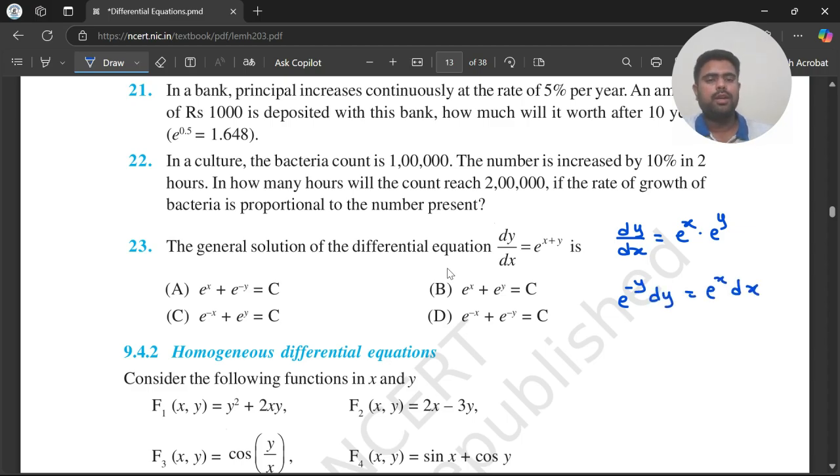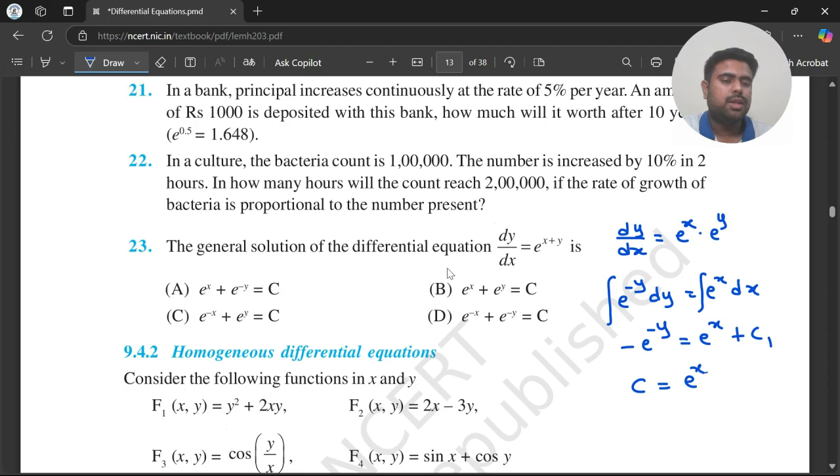If you integrate on both sides, minus e raised to minus y equal to e raised to x plus c1. Taking c1 to the other side, I will call it c. So e raised to x plus e raised to minus y equal to c. So it's option A.